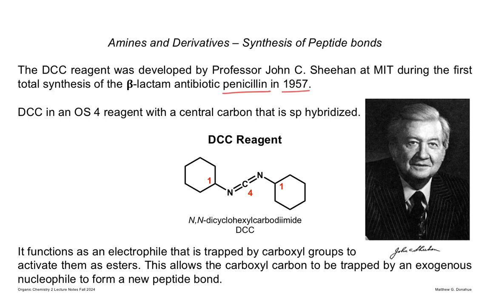And so part of the issue in making it was a coupling like this, a dehydrative coupling. And then Sheehan figured out that this fragment here, that's the carbodiimide part, was crucial to getting this coupling to happen.